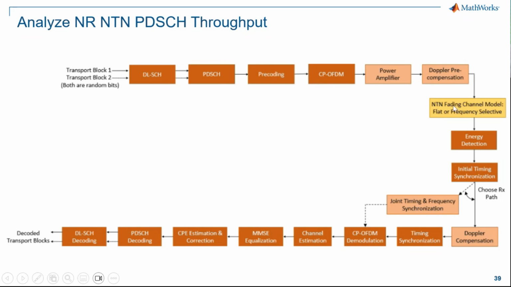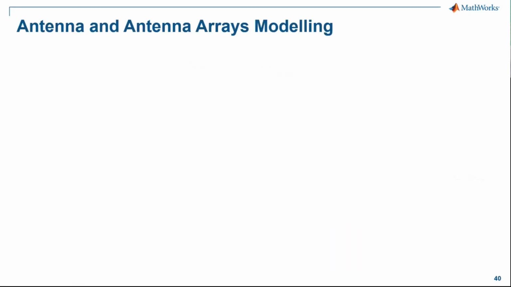So this is in Satellite Communications, and then we've got the whole receiver with the joint timing and frequency estimation and synchronization, Doppler compensation that we had to add here at the receiver, and then we decode the blocks and we compare, okay, how many bits are in error and what is the maximum throughput I can achieve.